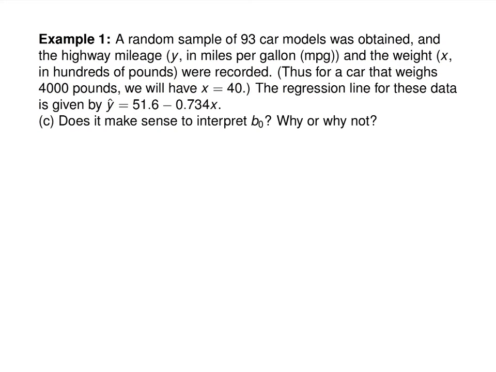Now part C, does it make sense to interpret beta naught? Now remember that beta naught, or beta sub 0, is the y-intercept, which in this case is 51.6. And think back to when you graphed lines in Algebra 1, you begin by plotting the y-intercept on the y-axis, up there at wherever 51.6 is.